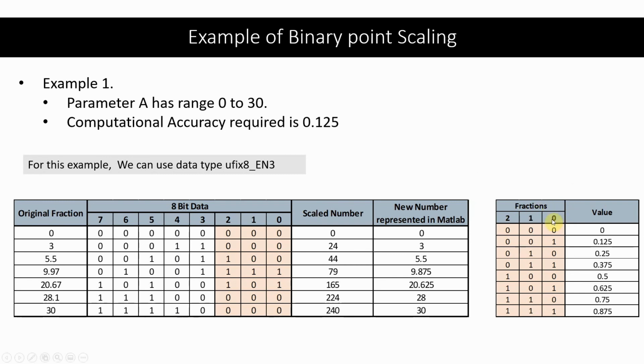We can see the fractional value changes with the change of value for these 3 bits. One thing to remember here is in case of slope bias scaling, we have full control over accuracy, but in case of binary point scaling, accuracy changes with the power of 2.